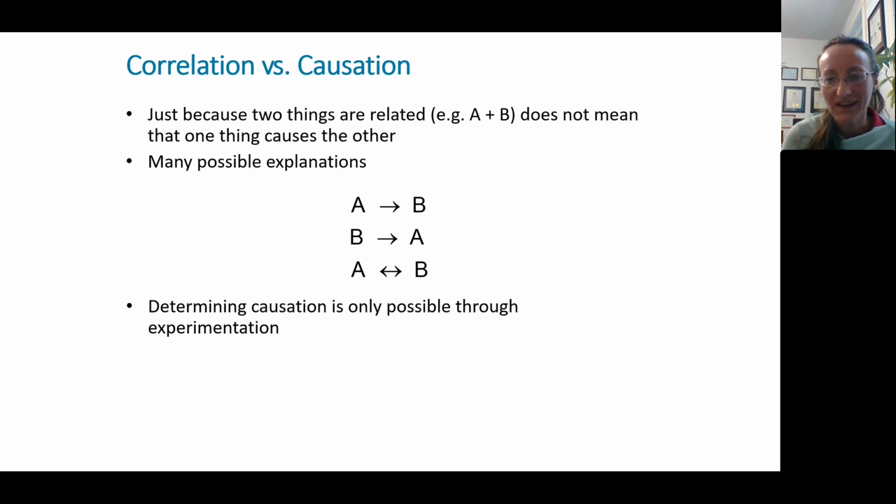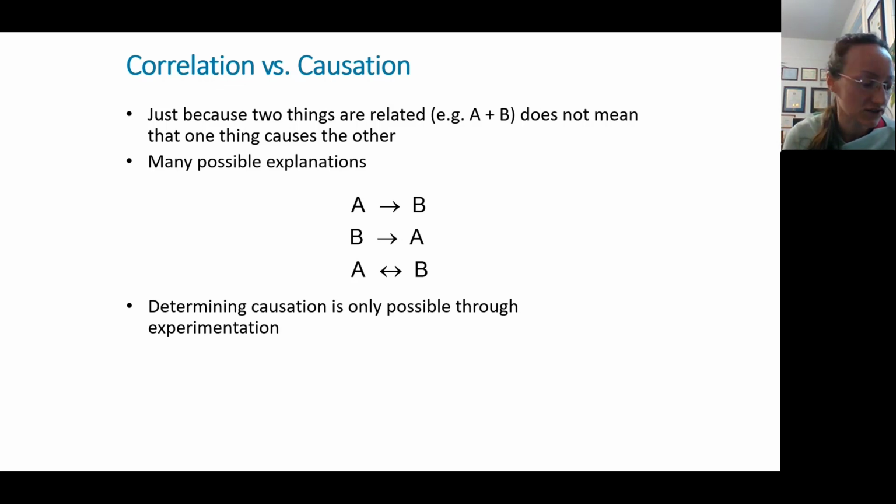And as we were talking about with that ice cream example, the correlation between ice cream purchases and shark attacks or violent crimes, it's not necessarily the case that ice cream consumption causes people to act more violently. The heat is a third variable that increases both ice cream consumption and violent crimes and shark attacks.